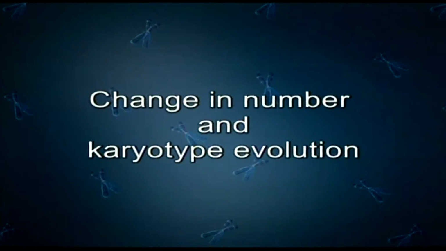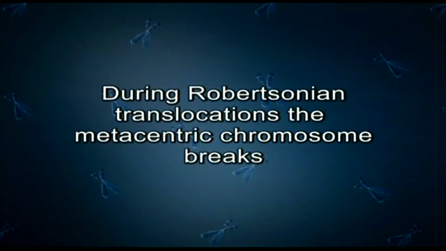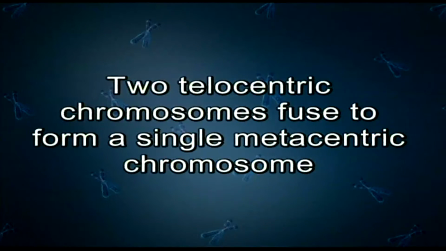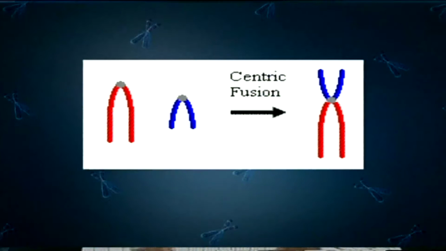Then another type of genetic consequence is change in number and karyotype evolution, that is, change in chromosome number and karyotype evolution. As we have seen during Robertsonian translocations, the metacentric chromosome breaks and gives rise to two chromosomes by a process of centric fission, and two telocentric chromosomes fuse to form a single metacentric chromosome by the centric fusion mechanism.